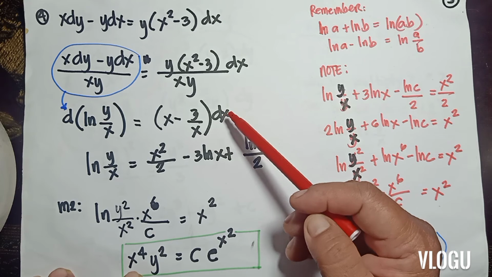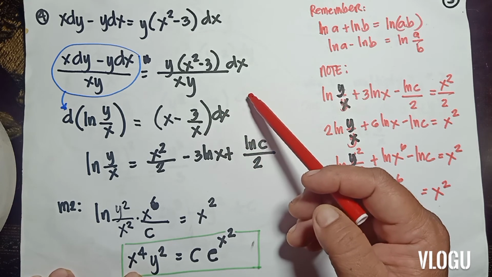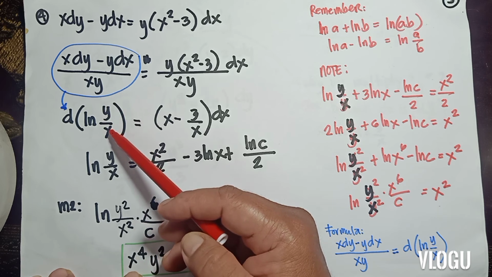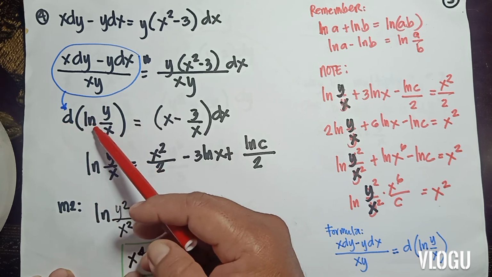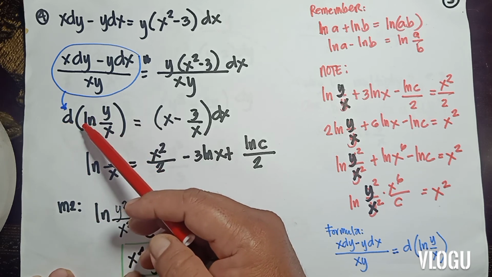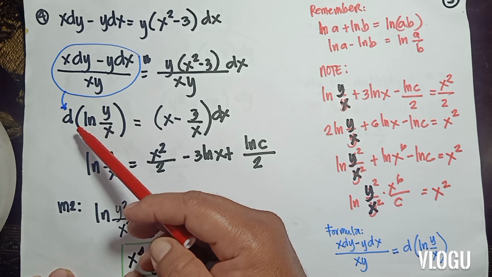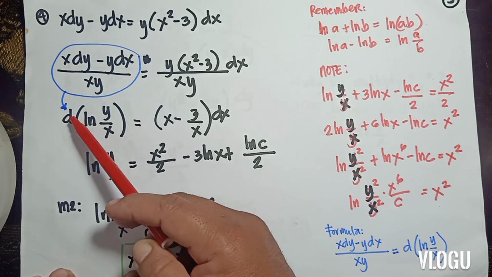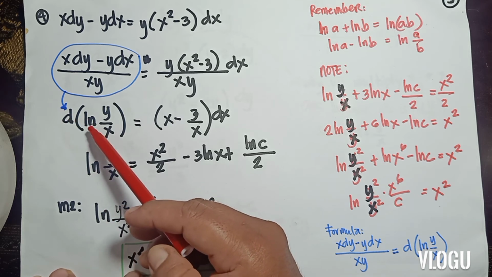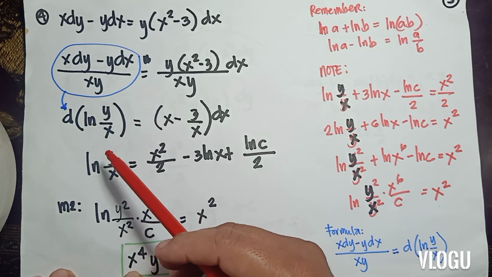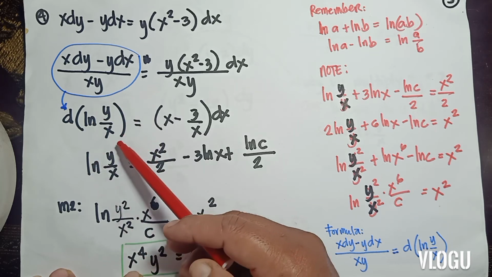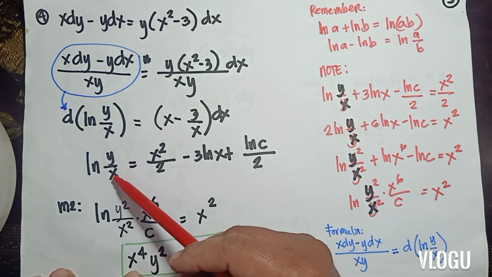So, the integral of d of ln y over x, that is your du. A while ago, I discussed that the integral of du is equivalent to u. Your u here is ln of y over x. So, therefore, your answer is your u, ln y over x.